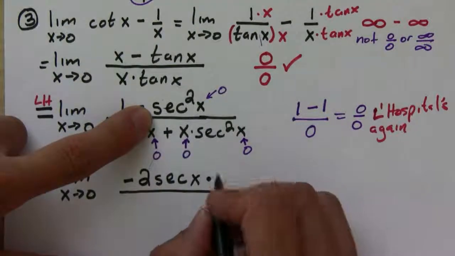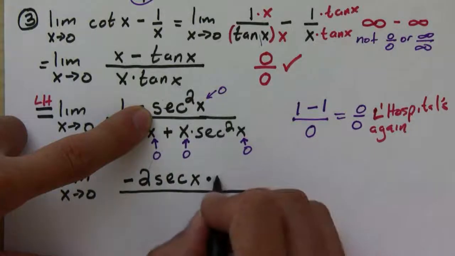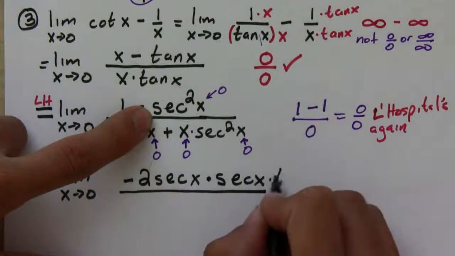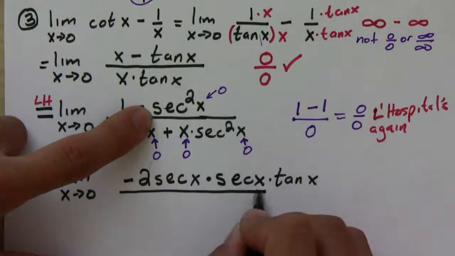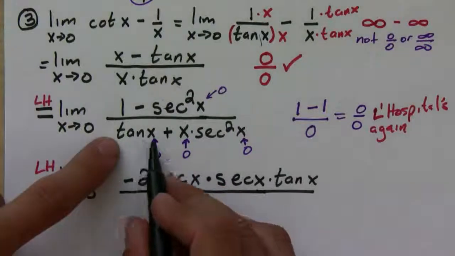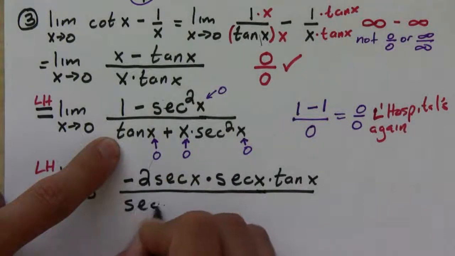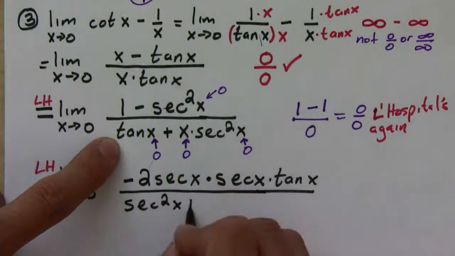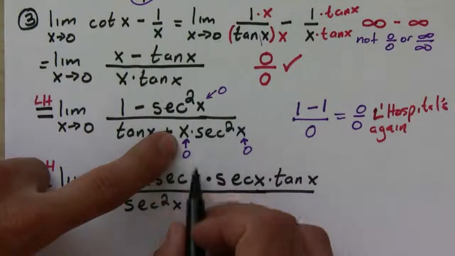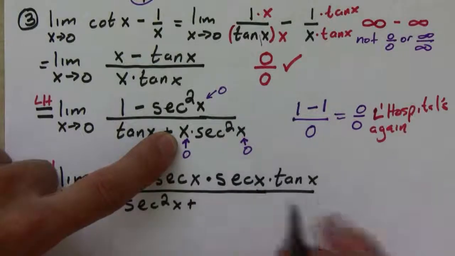The derivative of secant, remember, is secant x times tangent x. And then on the bottom, the derivative of tangent is secant squared x plus, and then here I have to use the product rule. So this looks pretty bad, but we got to do what we got to do.